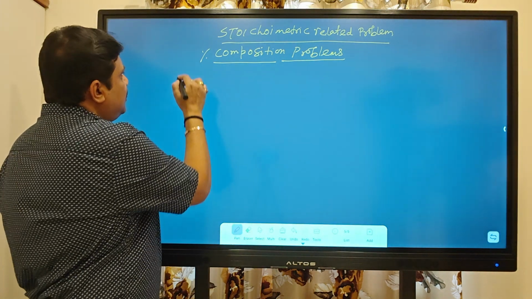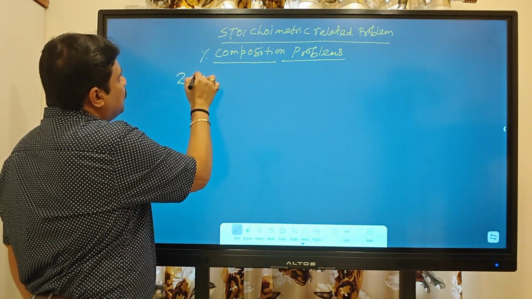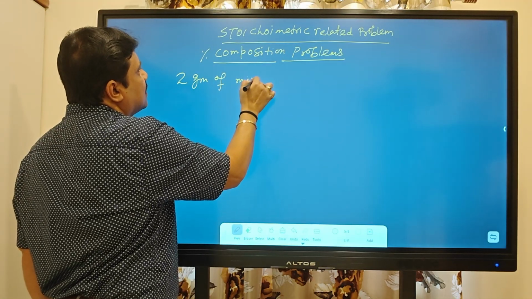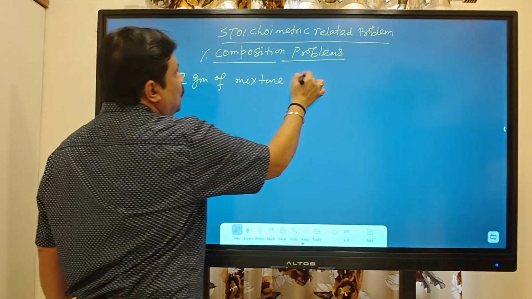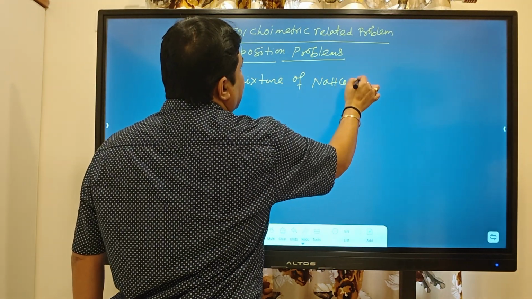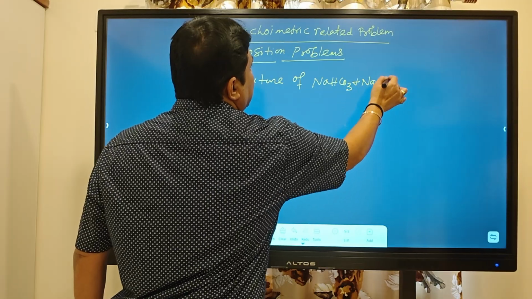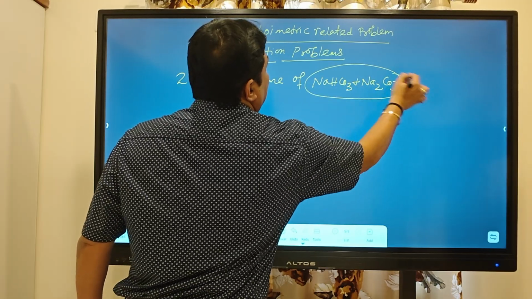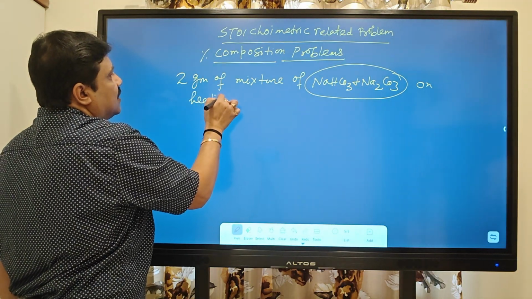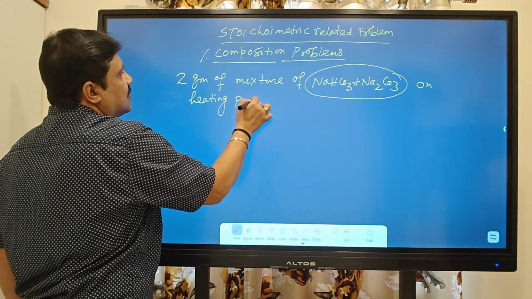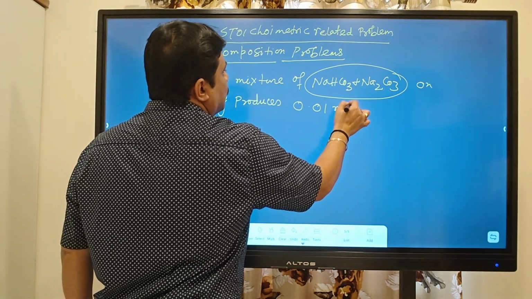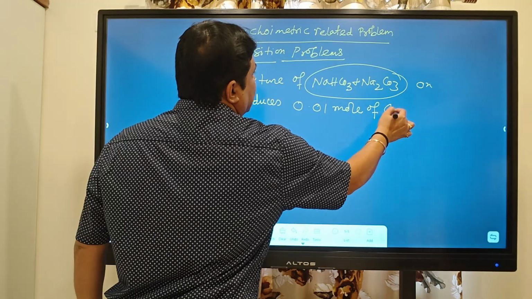Suppose they are giving the problem: 2 gram of a mixture of sodium bicarbonate plus sodium carbonate on heating produces 0.01 mole of carbon dioxide.